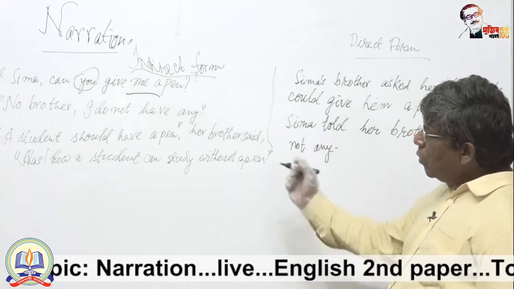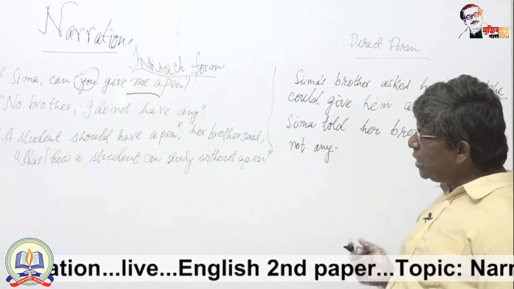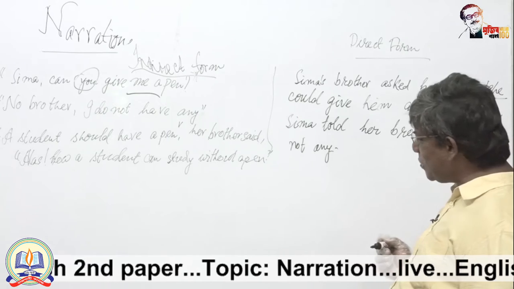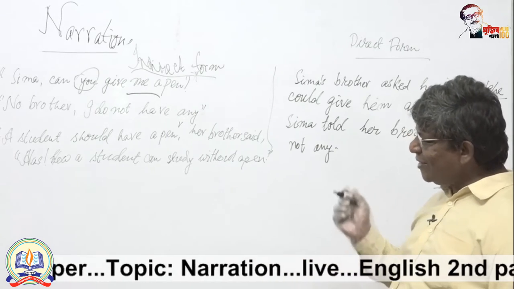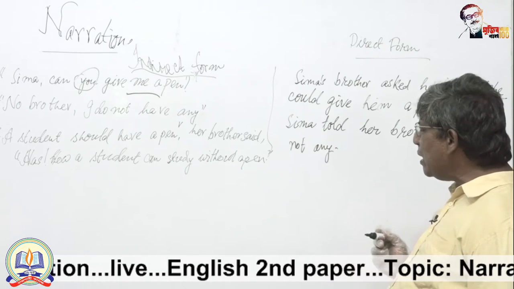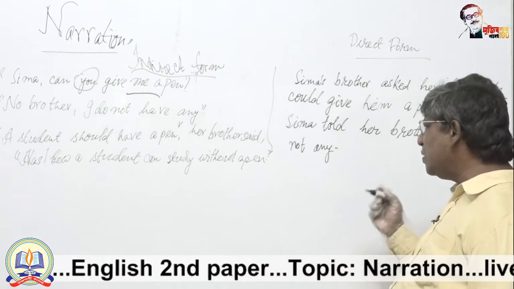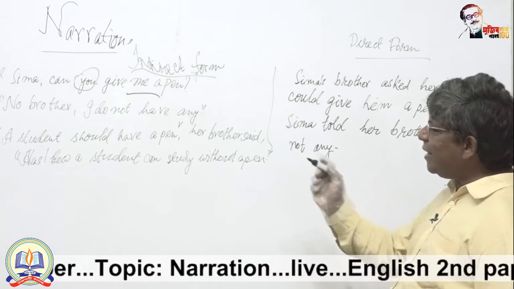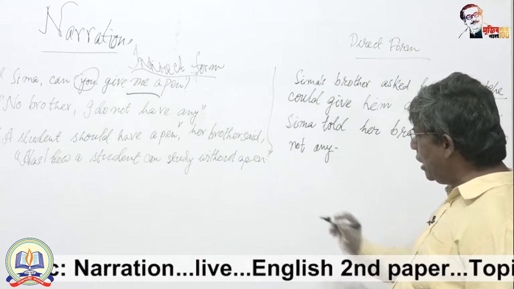And we have another speech made by her brother in two sentences together. So we will change the first sentence in the third reported speech. A student should have a pen. A student is in the third person.